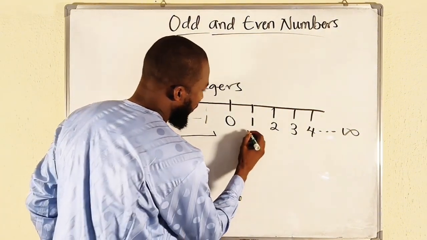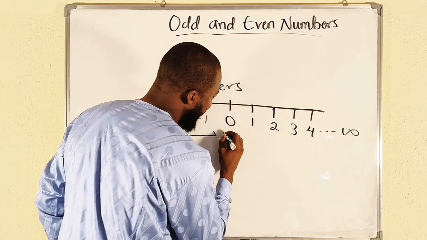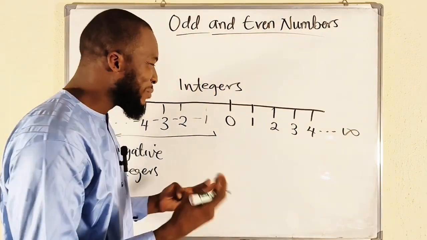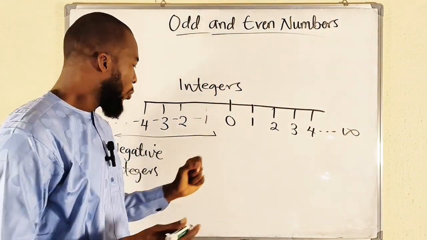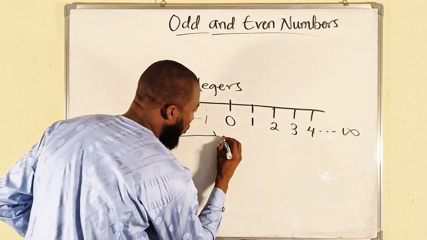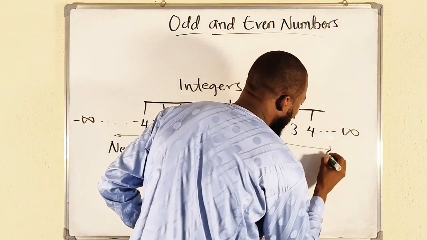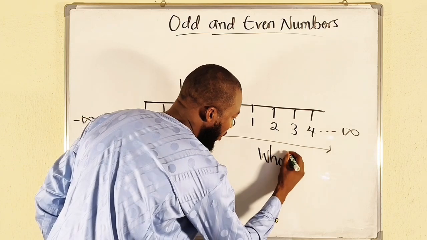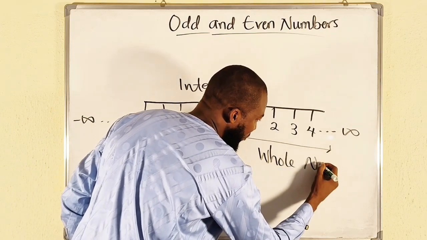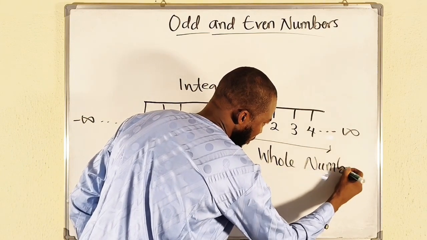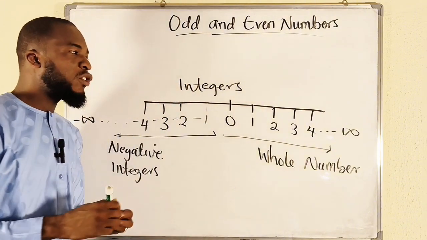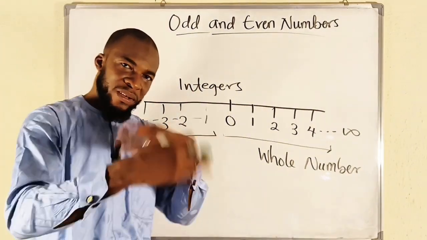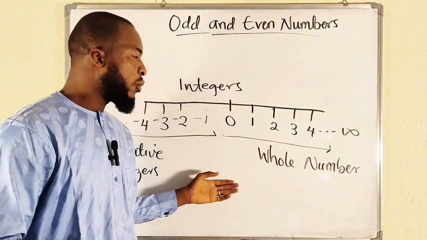And these are what? Positive integers. But there's a misperception about 0. But altogether, including 0, we have what? What we call the whole numbers. Whole numbers. 0, 1, 2, 3, 4, 5, 6, 7, whatever, we call them what?